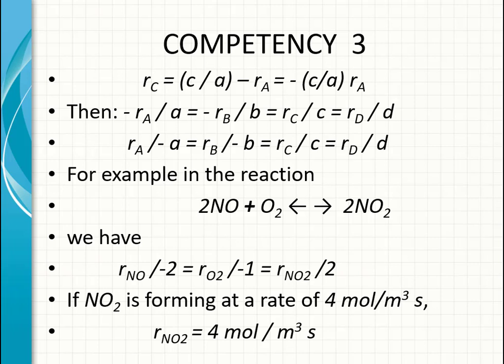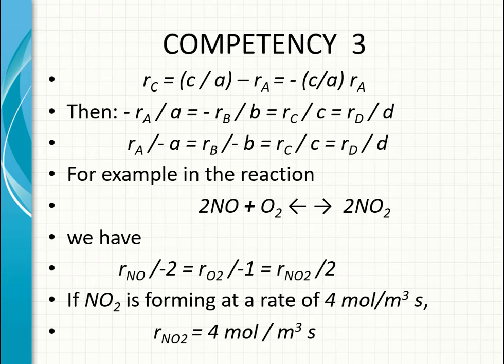For example, in the reaction of 2NO plus oxygen, which will give us 2NO2, we have that the rate of NO divided by its stoichiometric coefficient, which is minus 2 because NO is disappearing, is equal to the rate of oxygen divided by minus 1, because minus 1 is the stoichiometric coefficient for oxygen.